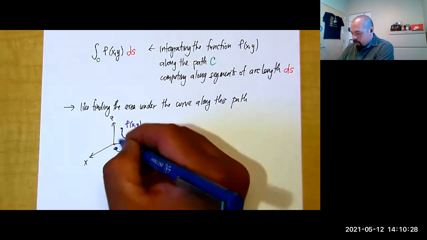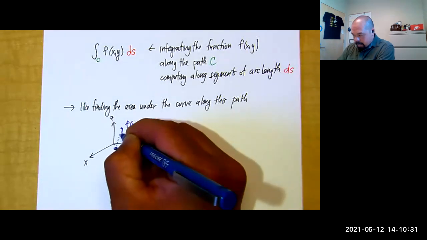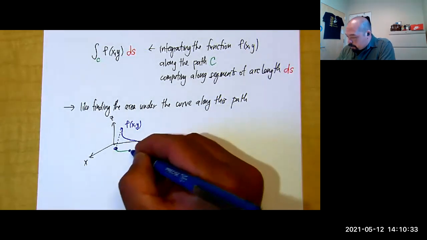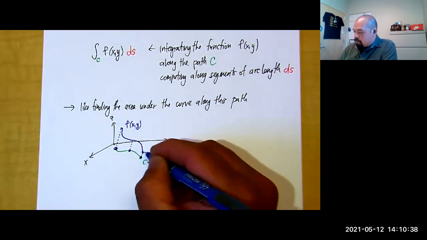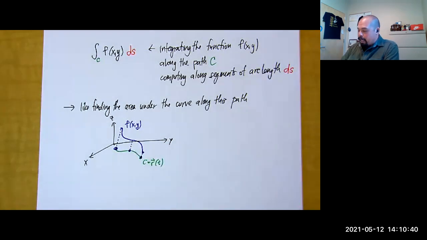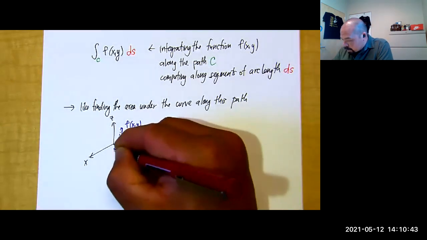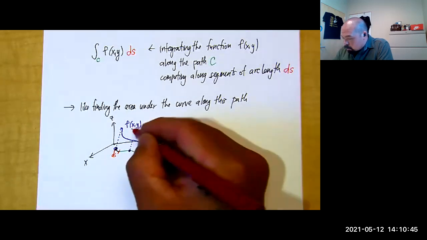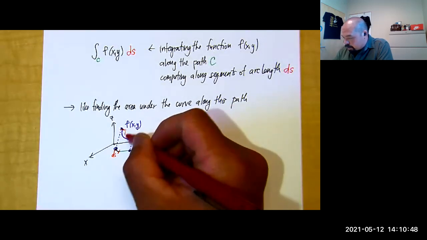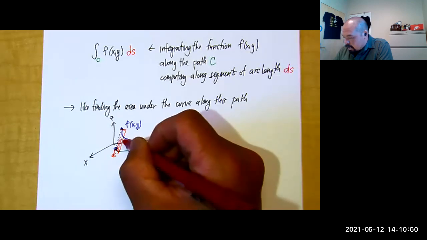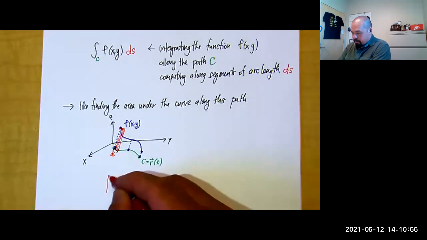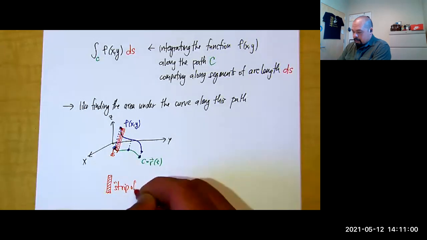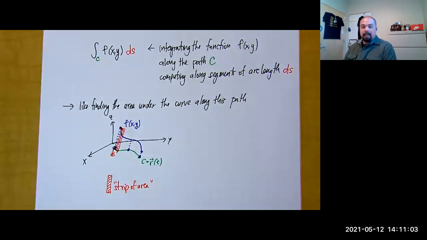So above this point, we could plug xy in, and it's going to give us my z coordinate. Above this point, plug it in, we get our f of xy, the z coordinate, so on down the strip. And so then as we start to take these little components of ds, we're multiplying that function's height times the ds, right? So we're getting this little strip of area. It's only calculating one side.